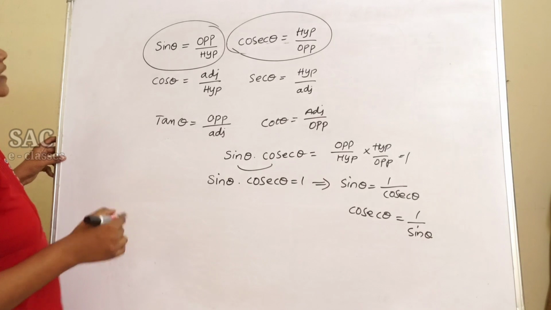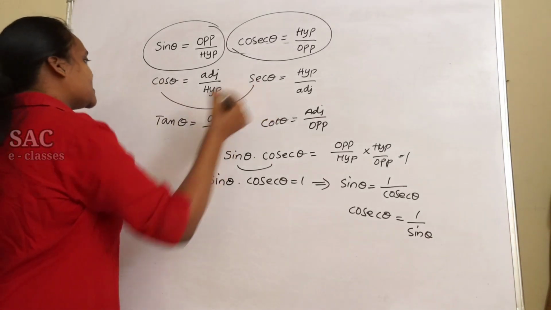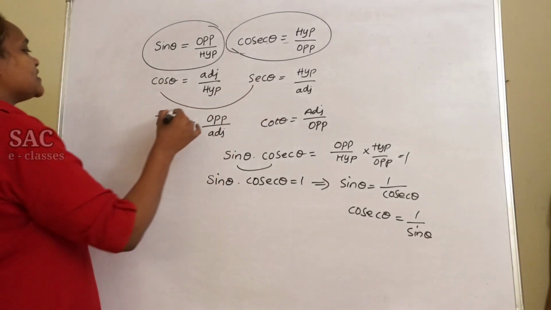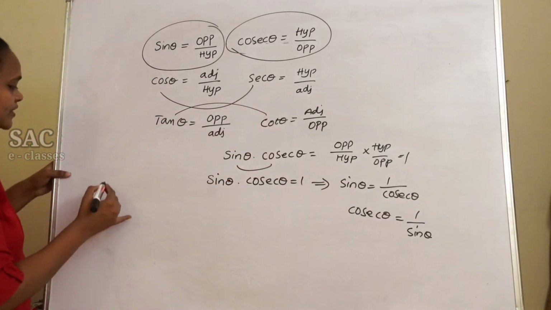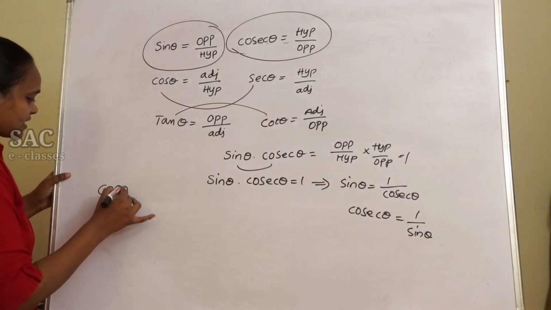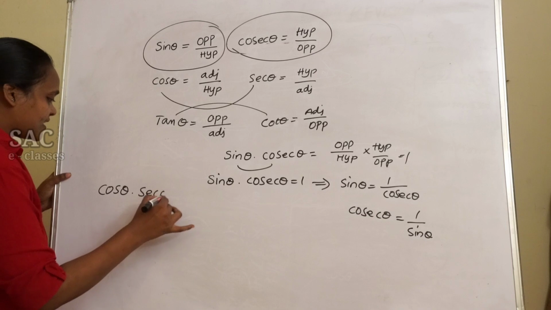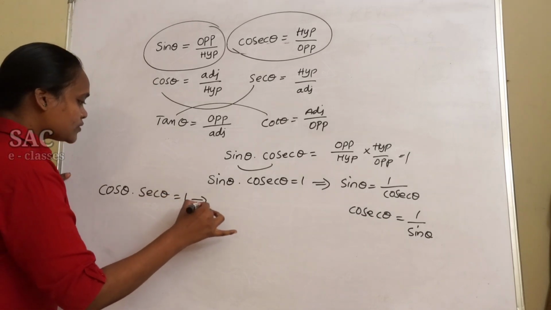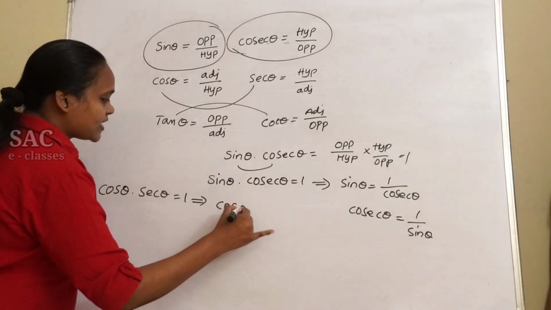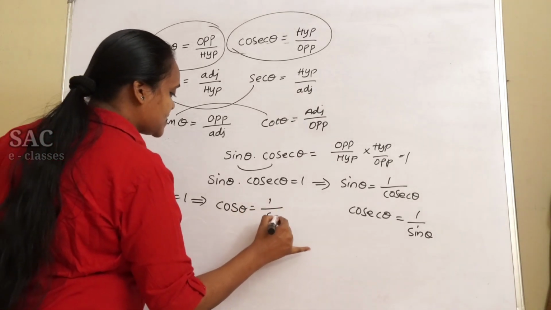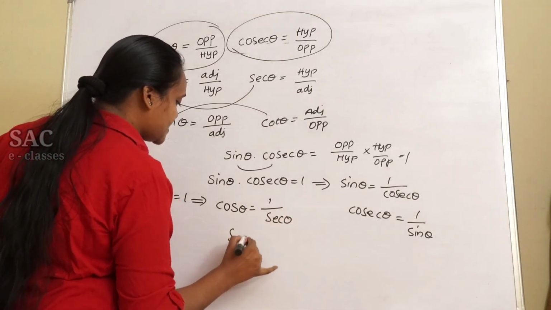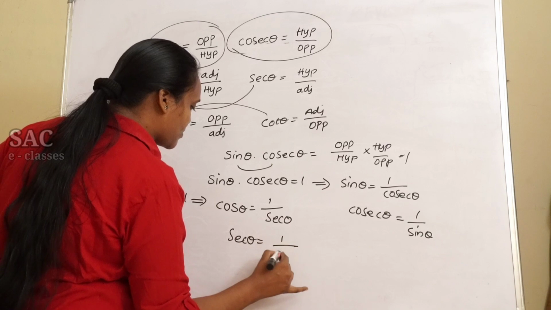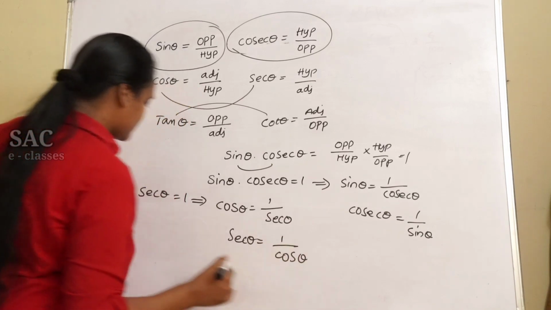In the same manner, cos and secant are reciprocal to each other, and so are tan and cot. So you can write cos theta into secant theta is equal to 1. So cos theta is equal to 1 by secant theta, where secant theta is equal to 1 by cos theta.